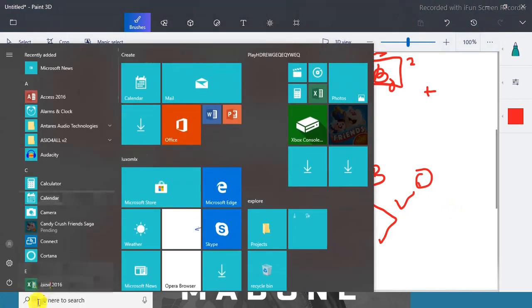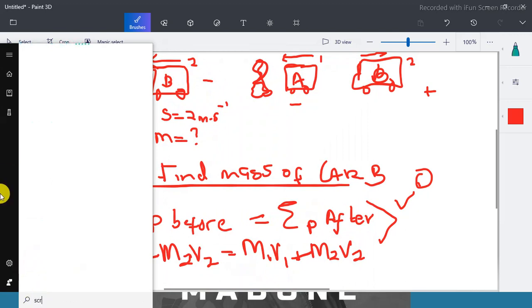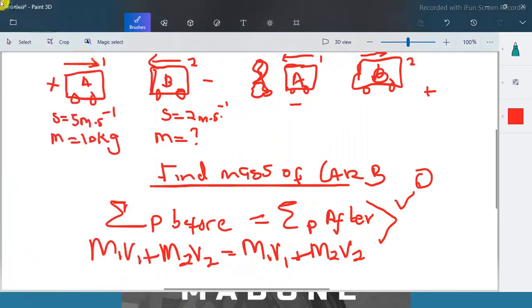Where is it? Screenshot. It seems like I can't find my screenshot app. Okay, guys, I don't know how I'm going to do this, but please bear with me. I'm going to try and be as quick as possible.